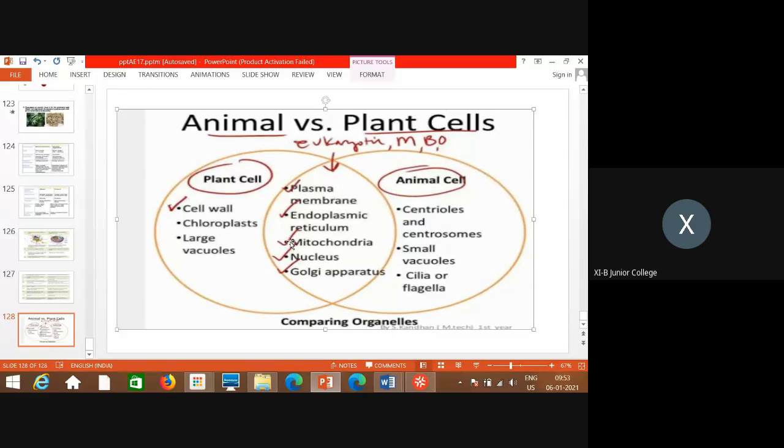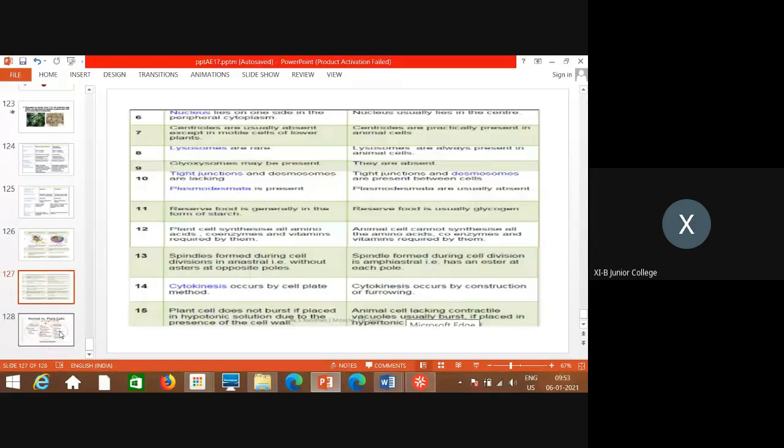Common organelles are plasma membrane, endoplasmic reticulum, mitochondria, nucleus, and Golgi apparatus or Golgi complex. These are present in both plant and animal cells. Whereas cell wall, chloroplast, and large vacuoles are present only in plant cells, and centrioles, centrosomes, small vacuoles, cilia or flagella are present only in animal cells. So this is the comparison between the plant and animal cell.